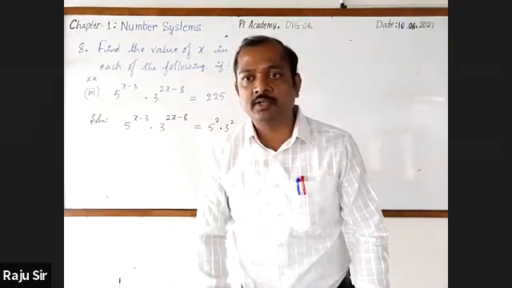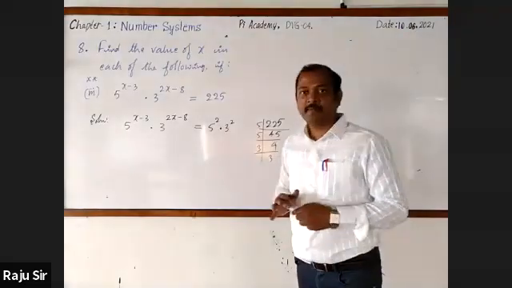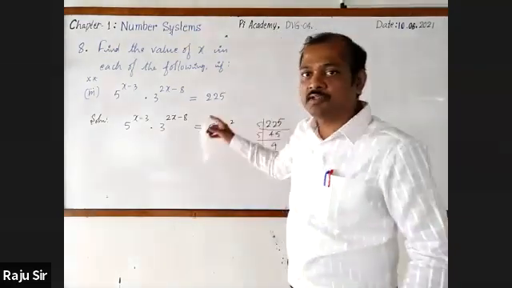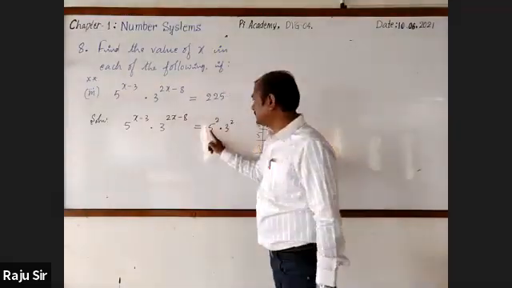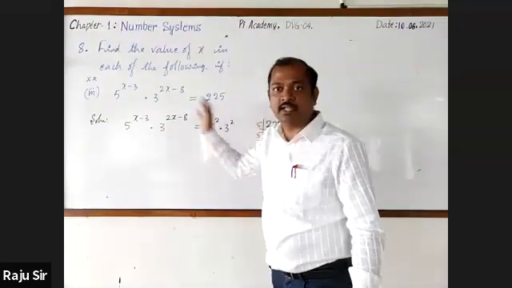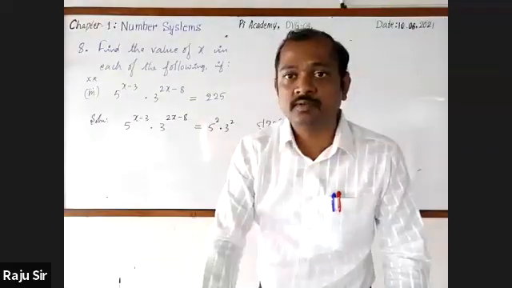Wait, don't write. Shreya, don't write. Then further, just think over it. How can we write the next step? The bases are the same, sir. Of course, here the base is 5, and there the base is 3. But there must be a single base on the left hand side and a single base on the right hand side. Then only you can go for equating the powers. Sir, shifting 5.